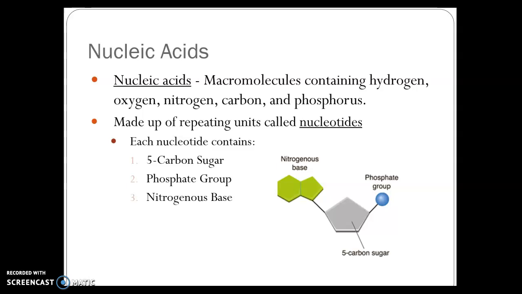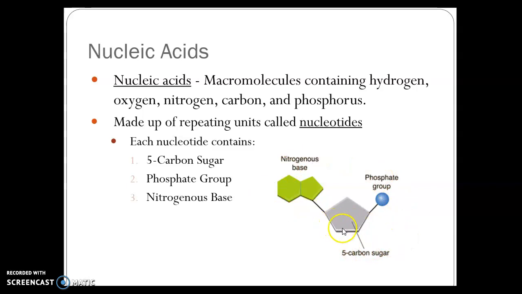So there's the things that you're looking for in the structure of the nucleic acid, like we talked about before. You should know the structure of all these different molecules. We talked about the structure of the carbohydrates and the structure of the lipids and the structure of the proteins. So here we're looking at the structure of the nucleic acids.